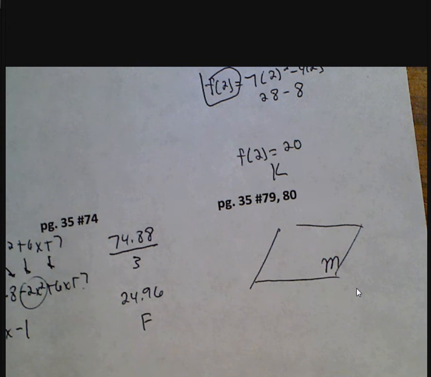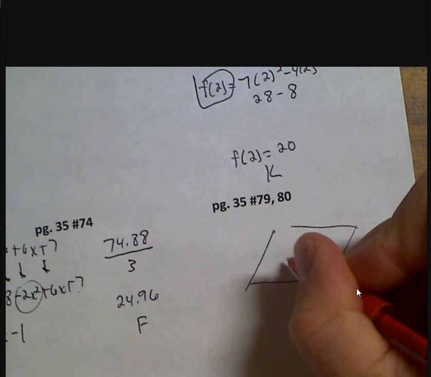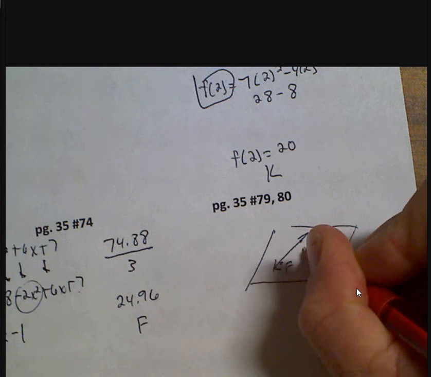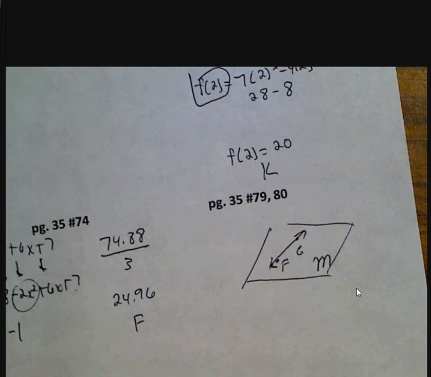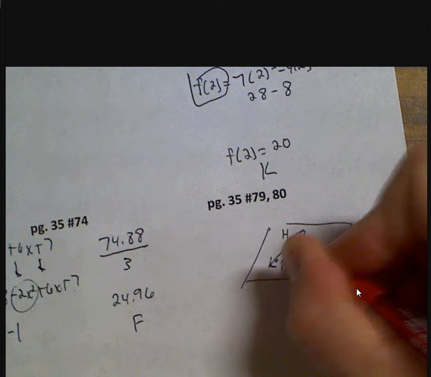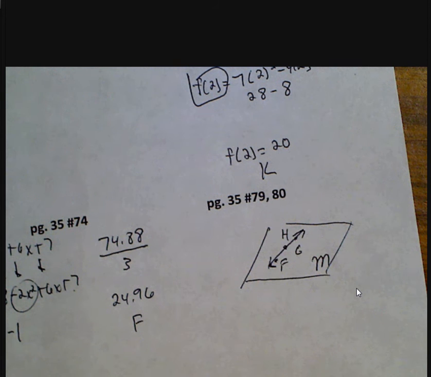FG lies in this plane, and contains point H. So I'm going to put point H on the line as well as the plane so that it hits both. That is my answer.